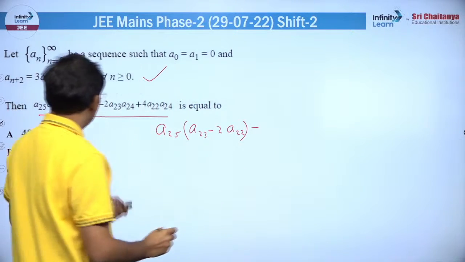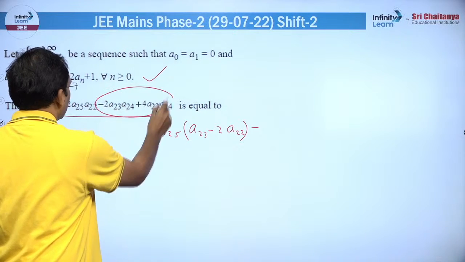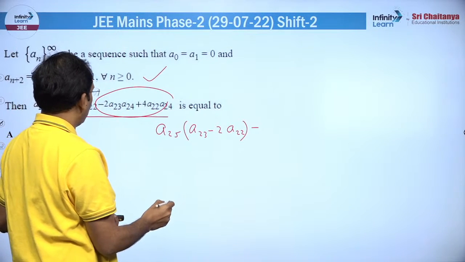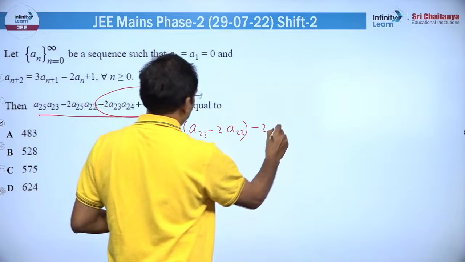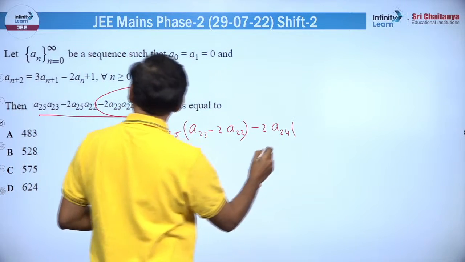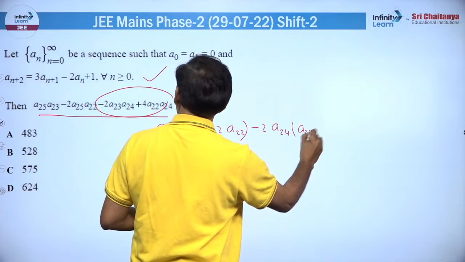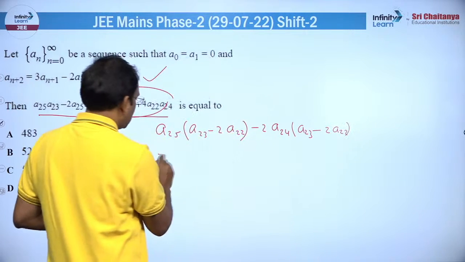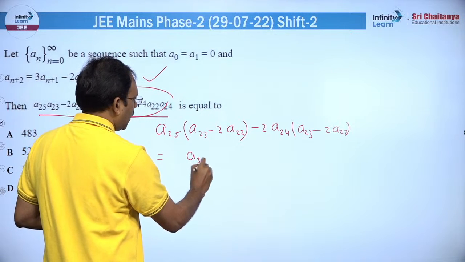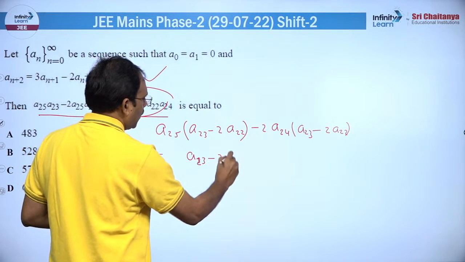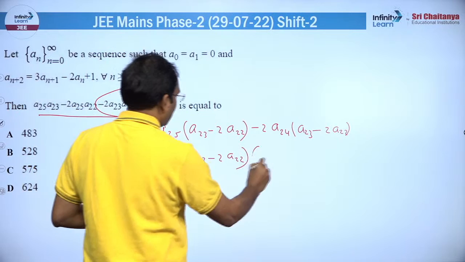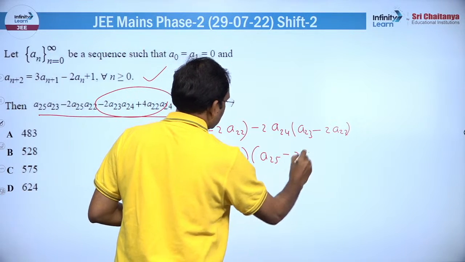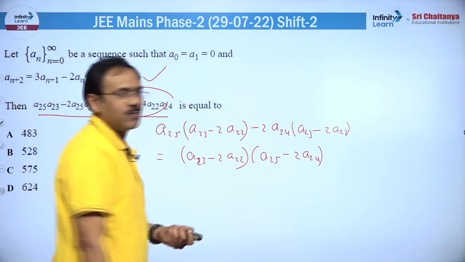Here again, in these two terms, you can take 2a24 common, so that you will get a23 minus 2a22, which is going to be, my dear friends, a23 minus 2a22 multiplied by a25 minus 2a24, is the expression you require.